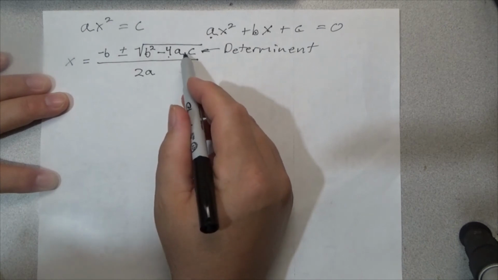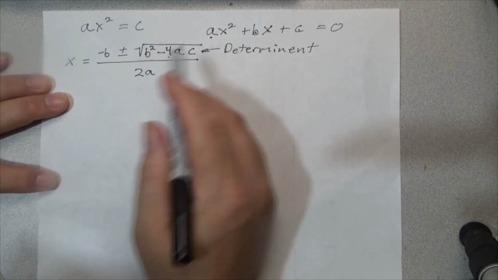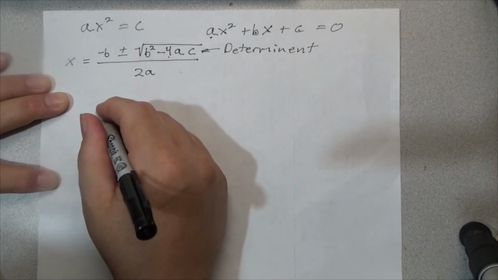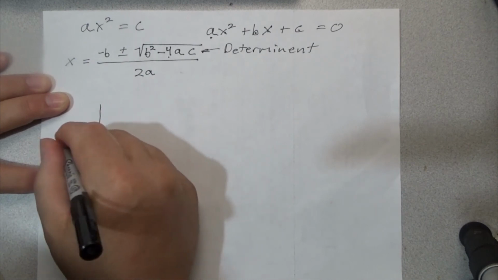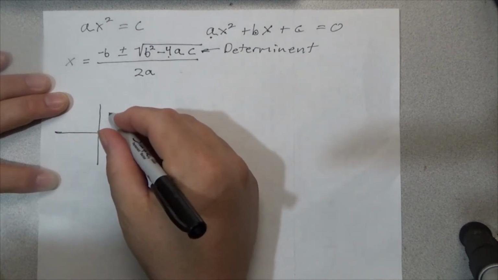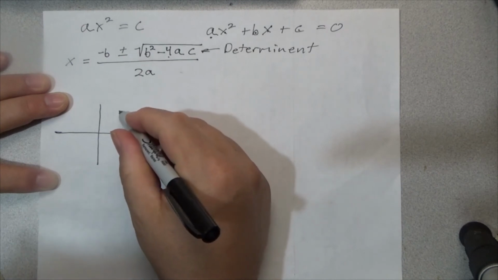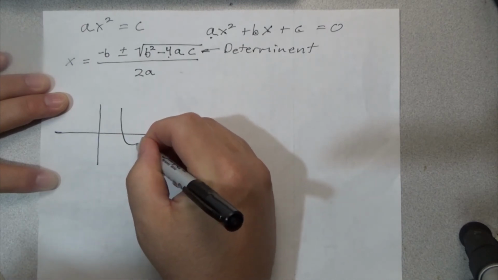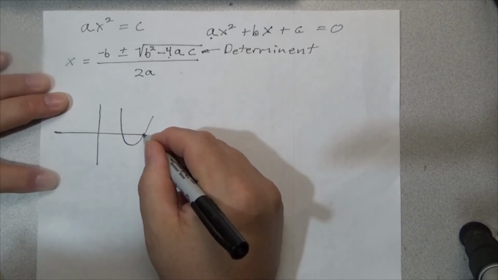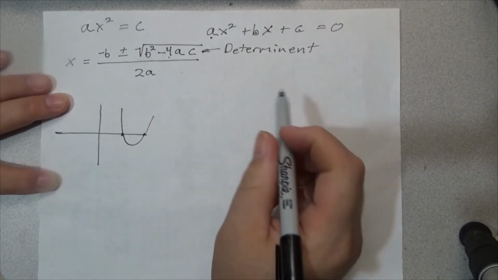If underneath this radical is a positive number, you will have two answers. So if I draw my xy, you will have a parabola either opening up or down that crosses that x line 2 times. And like we mentioned before, these would be your two answers.